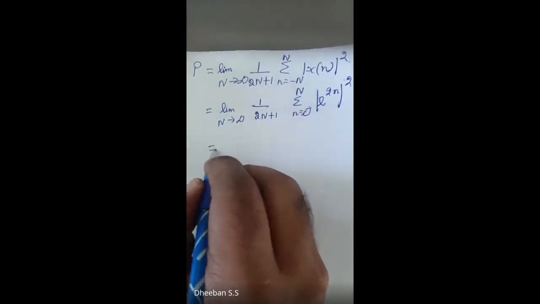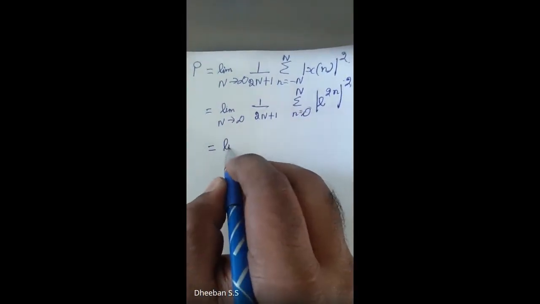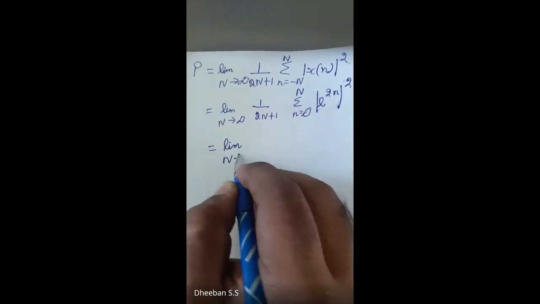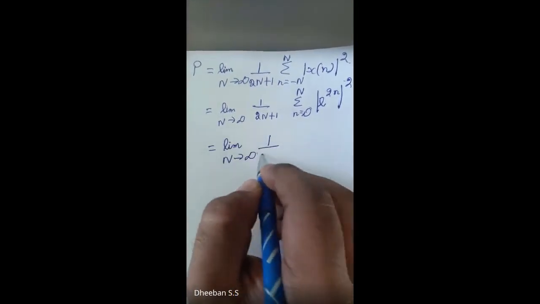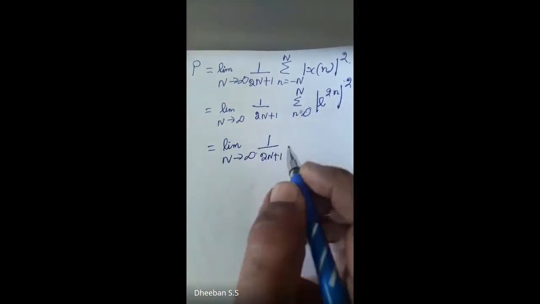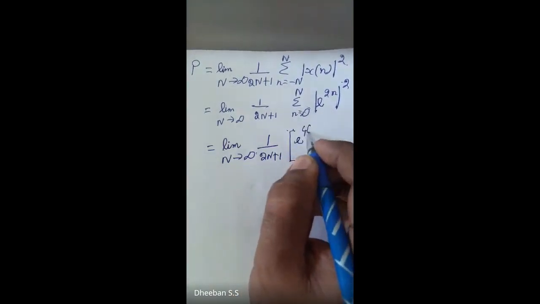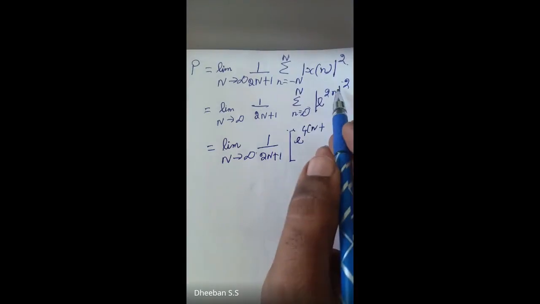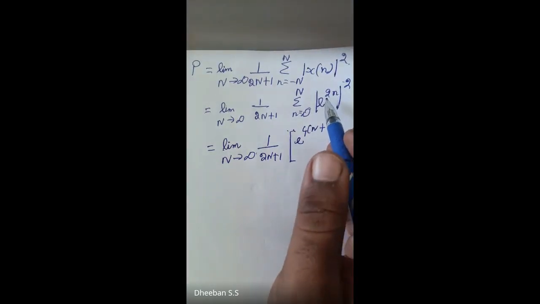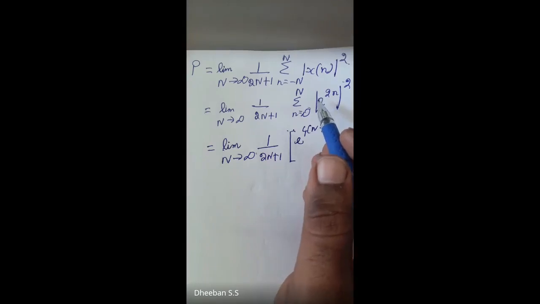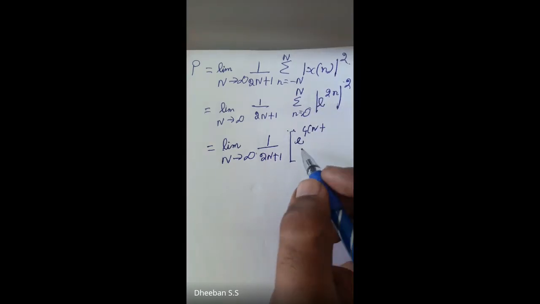Now we have to put the formula limit n tends to infinity 1 by 2n plus 1. So now if you are putting the formula, e power 4 n plus 1, that is here it becomes e power 4. Okay. Here we will test whether the value will be greater than 1. Okay. If it is greater than 1 means you have to go with this formula.